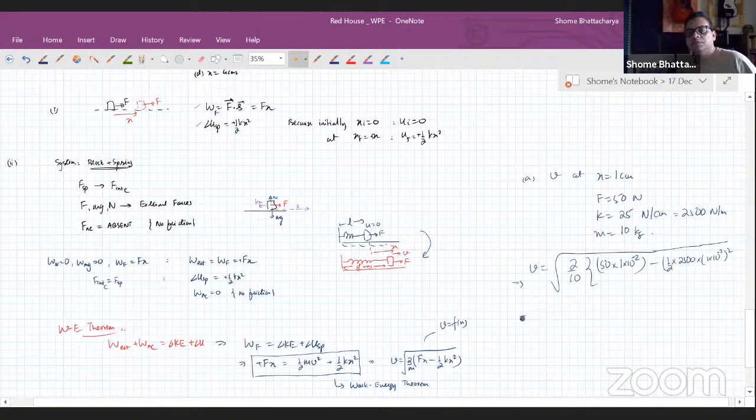So the speed will become like this: 0.5 minus 125 into 10 raised to the power minus 4, so 0.125.